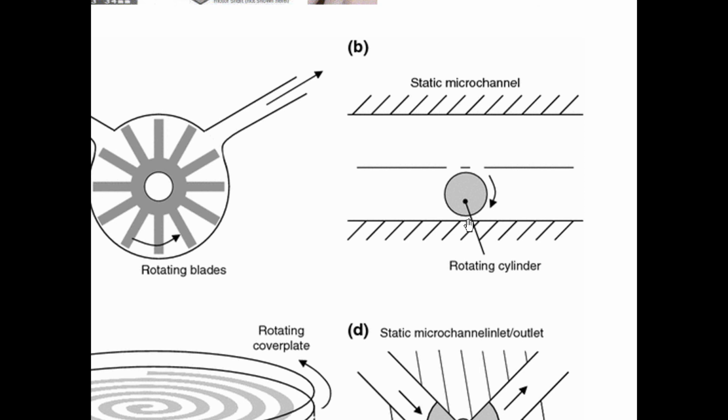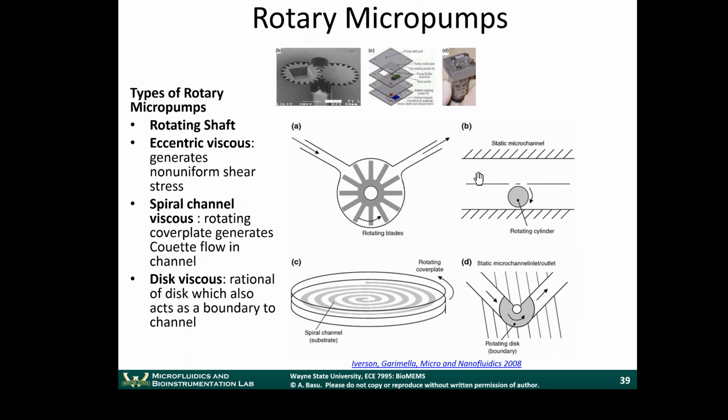The dimension of this channel is small. The dimension of this channel is much larger. So there's more flow resistance for fluid to go back this way, and less flow resistance for fluid to go forward on the top here. That will ultimately create a pumping motion.